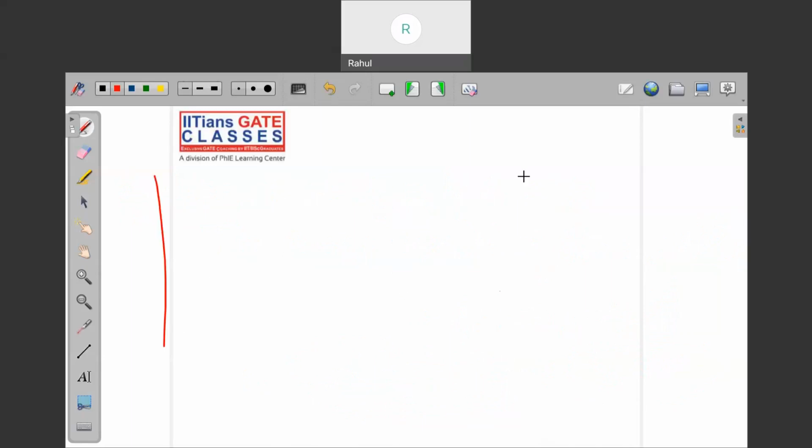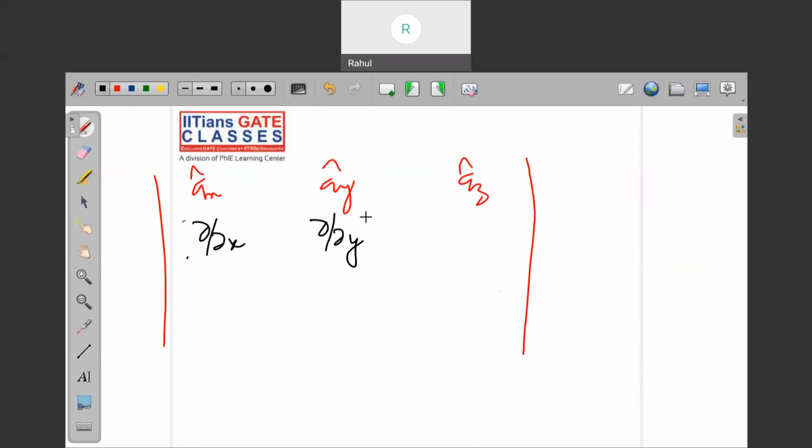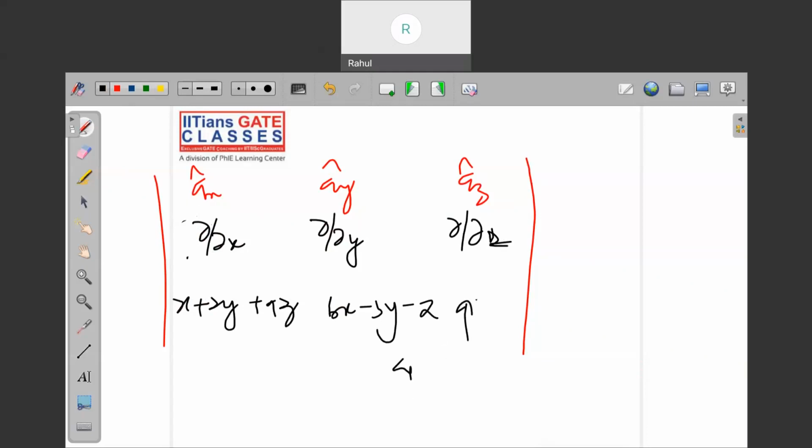What you have to do here is write ax cap, ay cap, and az cap, and write the partial differentiation, dou by dou x, dou by dou y, dou by dou z, and the components: x plus 2y plus az, bx minus 3y minus z, and 4x plus cy plus 2z.